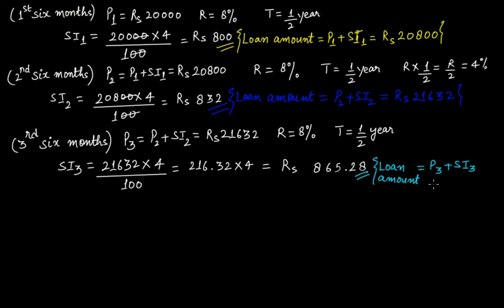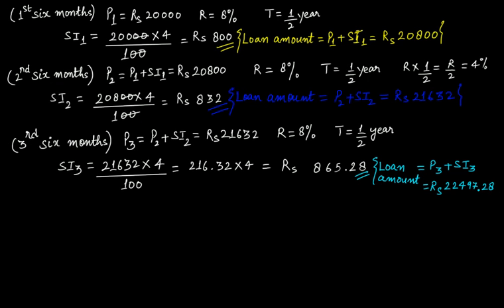It means that this is actually P1 plus SI1 plus SI2 plus SI3, right? So this is the loan amount that you owe to the bank. If you add this, you'll get rupees 22,497.28. This will be the amount.